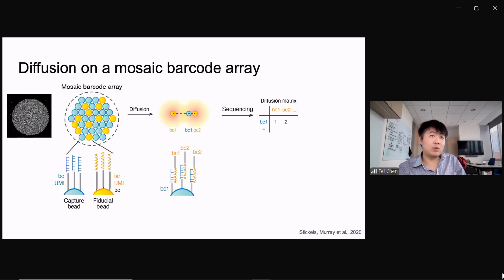How we implemented it was a little bit different because we wanted this sort of diffusion to be more controlled and uniform across the array. And so we did a simple experiment where we took these beads and we mixed them 1-to-1 with 2 different types of beads. One type of bead was a capture bead that has oligos that have poly T on them, and they're not photocleavable.